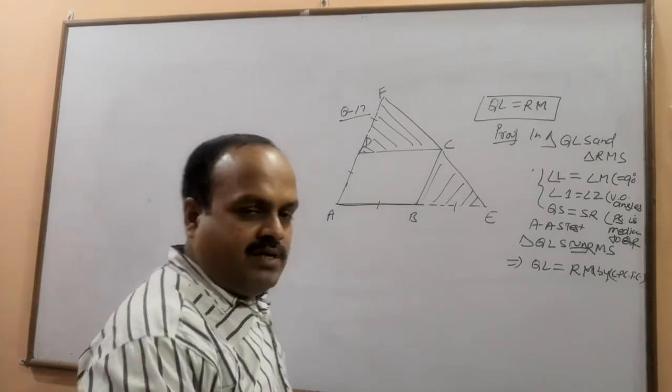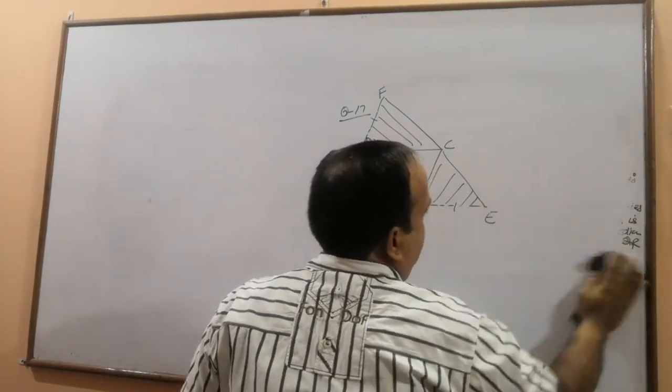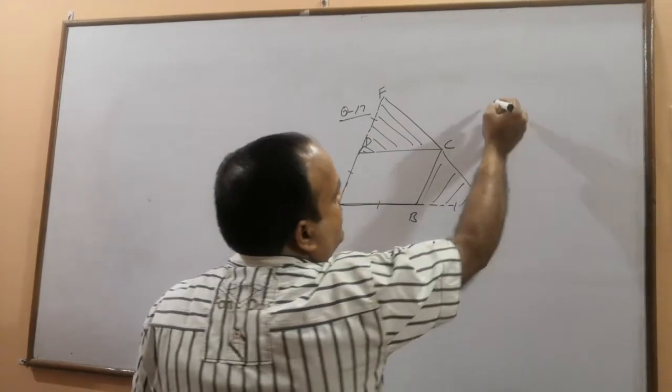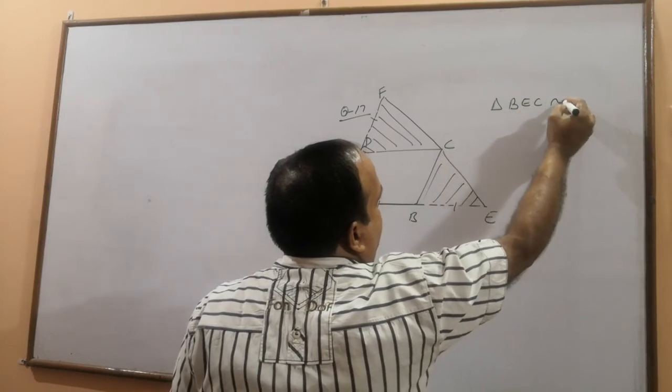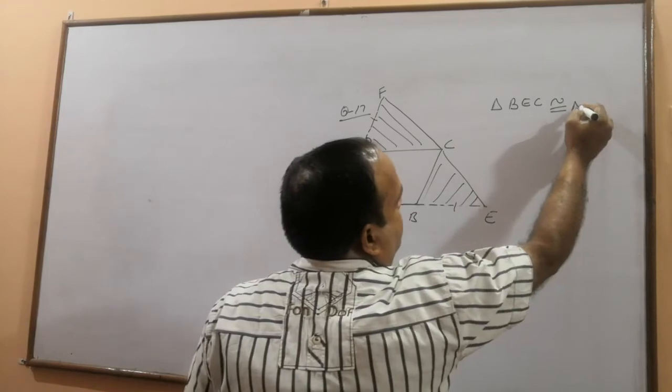For congruency we need three things. BEC congruent to DCF.